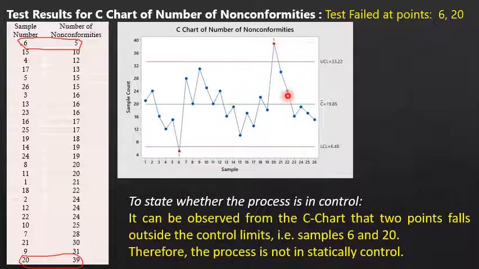Therefore the process is not in statistical control, and we can also say that the test result for the C chart of number of non-conformities failed at points 6 and 20 because these points fall outside the control limits.